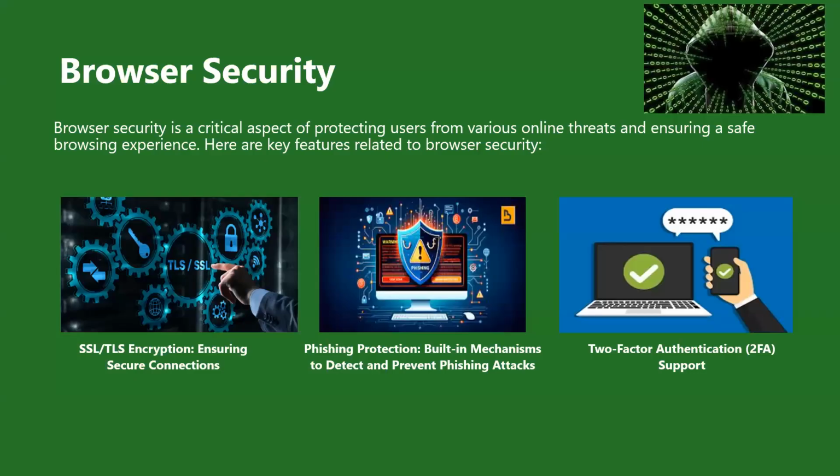Now, browser security. This comes down to a very threatening thing in using the web browser. It is a critical aspect of protecting users from various online threats and ensuring a safe browsing experience.